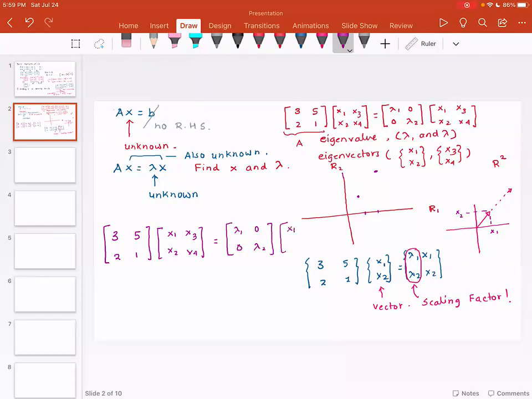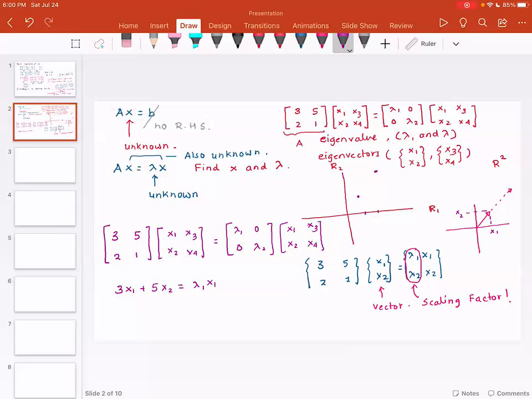Again, x1, x2, x3, x4. First row, first column. So 3 x1 plus 5 x2 is equal to first row, first column, lambda 1 x1, 0 x2.